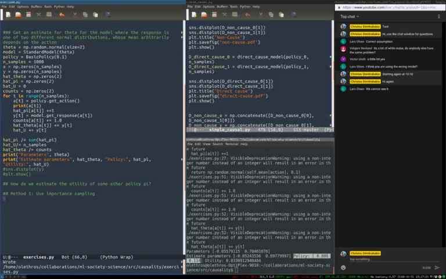How does this work? Well, we said that the expectation of some function in the utility is basically the integral or the sum of u of x, p of x, and you can rewrite this as q of x divided by p of x times p of x.